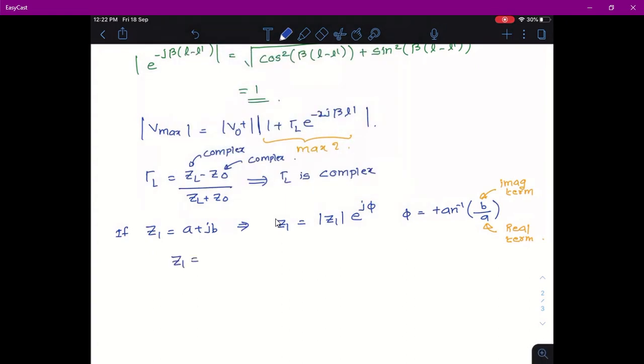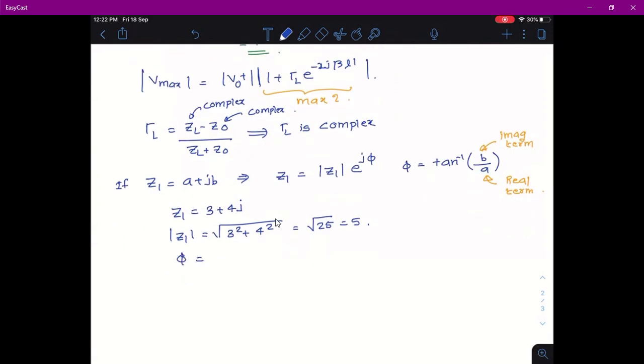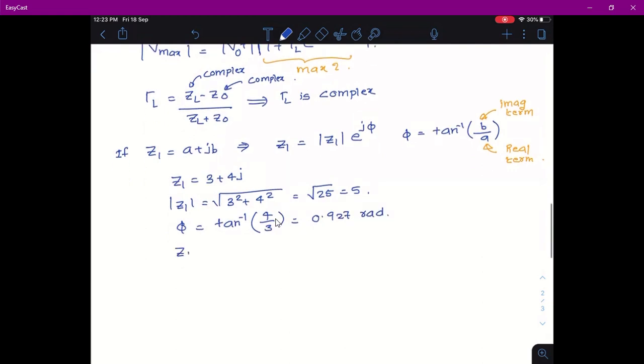Let us say Z1 is equal to 3 plus 4j. So, the magnitude of Z1 is equal to root over 3 square plus 4 square, that is root over 25, that is equal to 5. And phi is equal to tan inverse 4 by 3, that is 0.927 radian. So, I can represent Z1 as 5 into e raised to j 0.927.